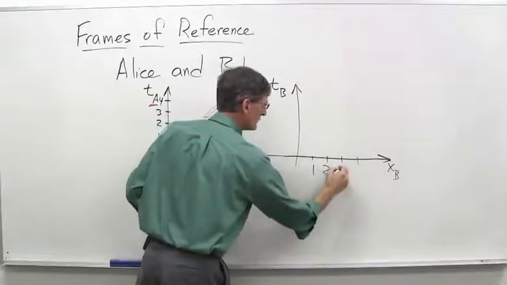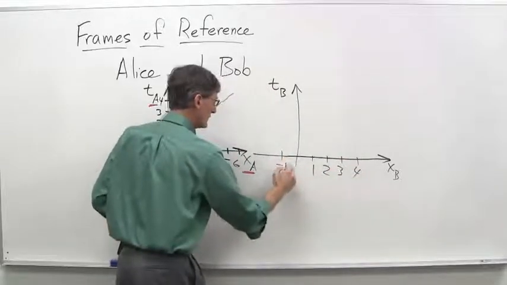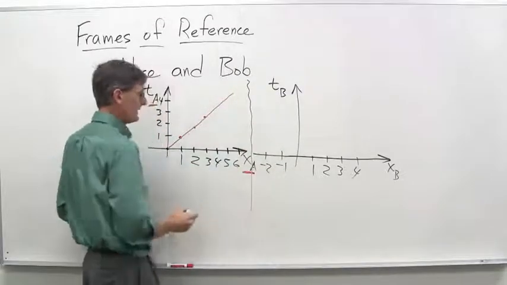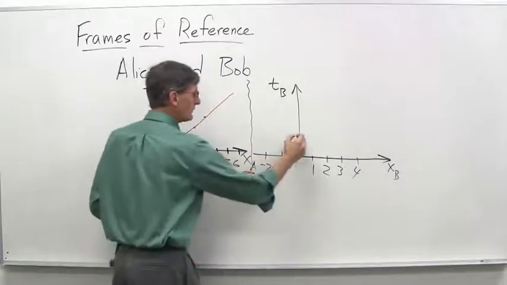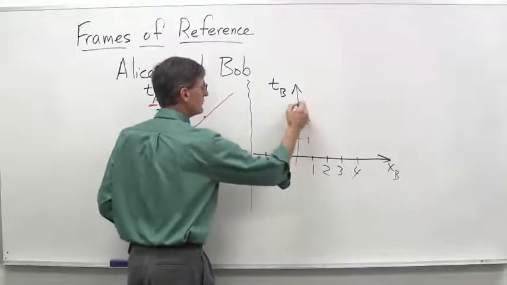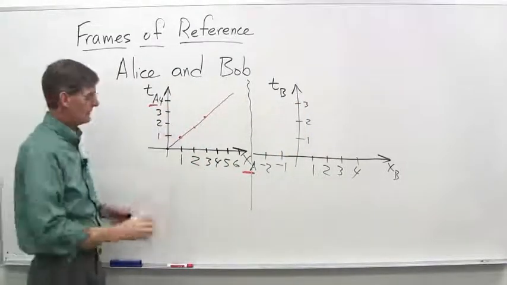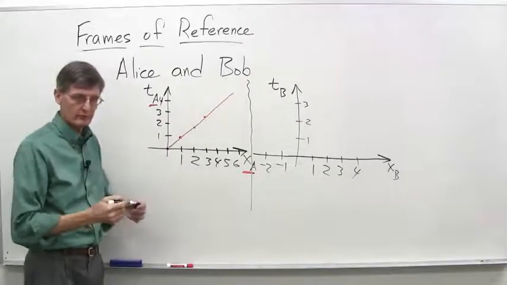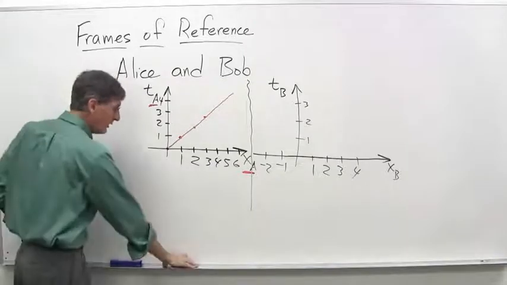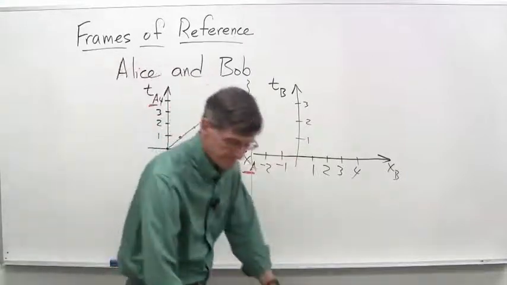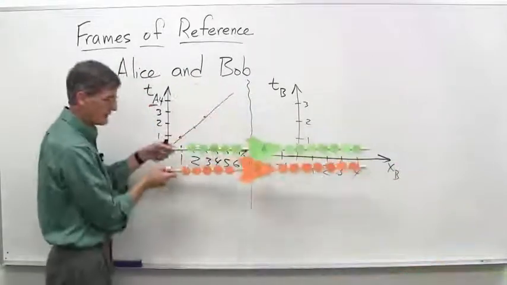All right, 1, 2, 3, 4, -1, -2, and now we're running into Alice's plot there. And then the time again, 1, 2, 3, well, more or less. You see I've got different scales here, but we'll assume it's the same. Doesn't really matter for our point here, because we're plotting Bob's perspective, where he sees Alice.